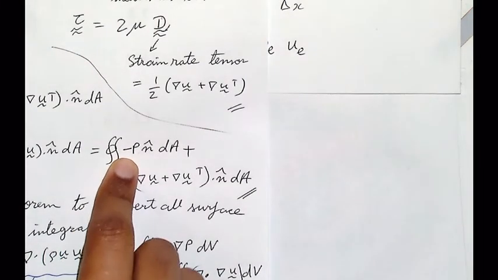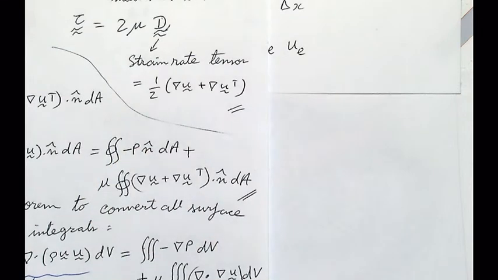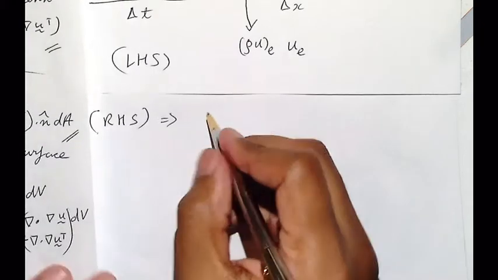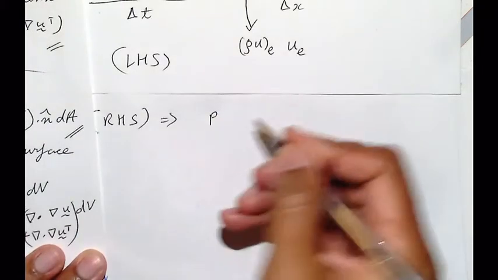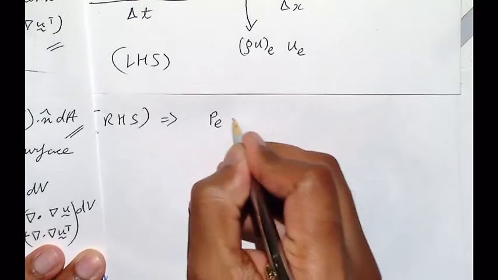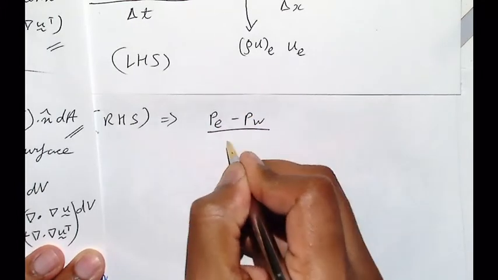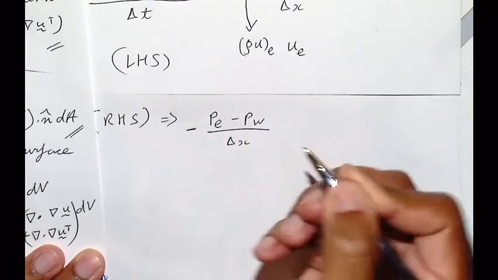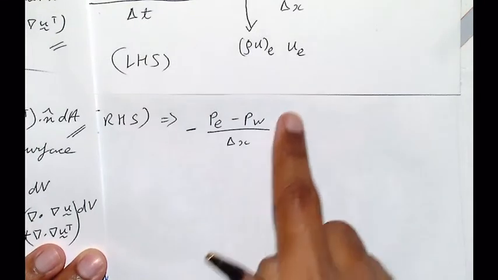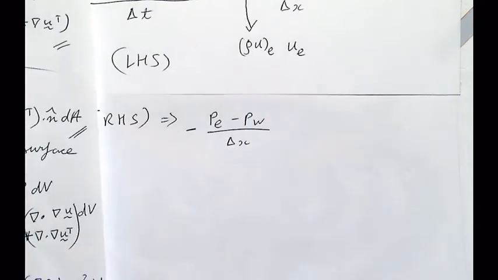Think again, always in terms of east and west. Whenever there's flux, you have to go east-west, no cell centers. So P A east minus P A west. So it's P east minus P west over delta x. And there's a minus sign here. A would just be L, which is 1.